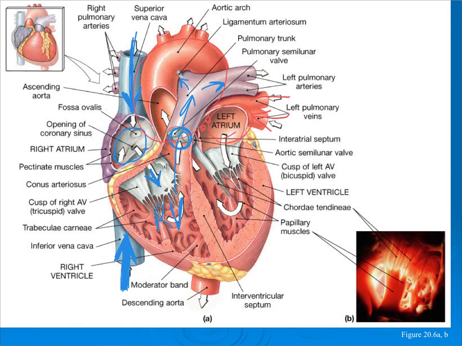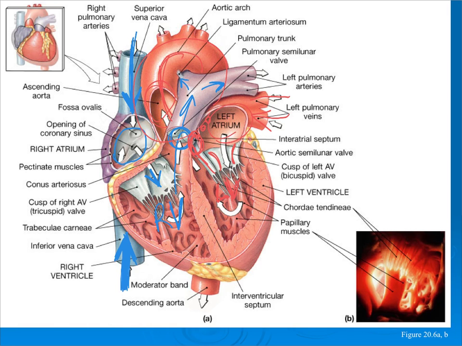Into your left atrium, I'm then going to pass my bicuspid valve, also called the left AV valve or mitral valve, into my left ventricle. And then lastly, I'm going to pass, back behind the pulmonary trunk here, this is your aorta, and you see a small part of that white, the aortic semilunar valve, into the aorta, where then blood's going into the systemic circuit.